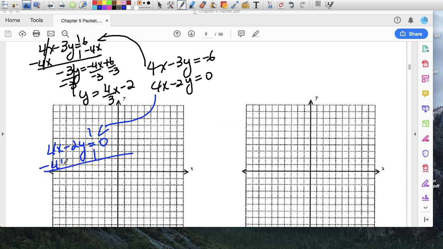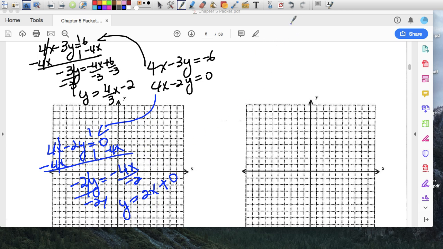Minus 4x on this side, these cross out. Negative 2y equals 0 minus 4x, which is just minus 4x. Divide by negative 2, divide by negative 2. y equals 4 divided by 2 is 2x. And if you want to write the intercept, you can write plus 0, because it's the same thing. So my second equation is that.